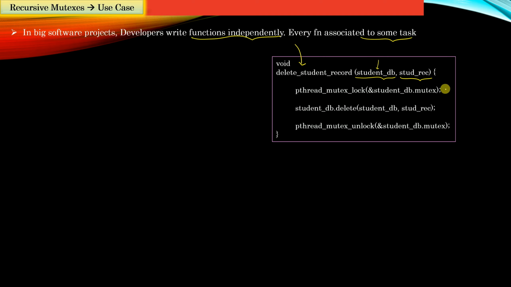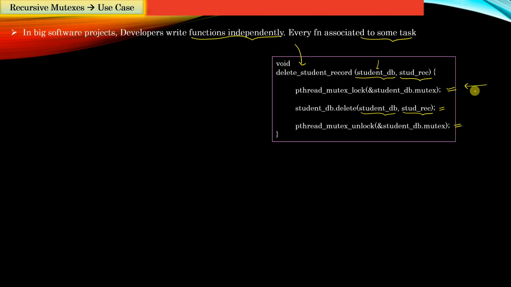So ideally, the developer would lock the student database mutex before performing any read or write operation on a student database. And then he will perform whatever operations he would like to perform on a student database. In this case, the developer is deleting the student record from this student database. And when the developer is done, obviously he would unlock the mutex. So I don't see any problem with this API.